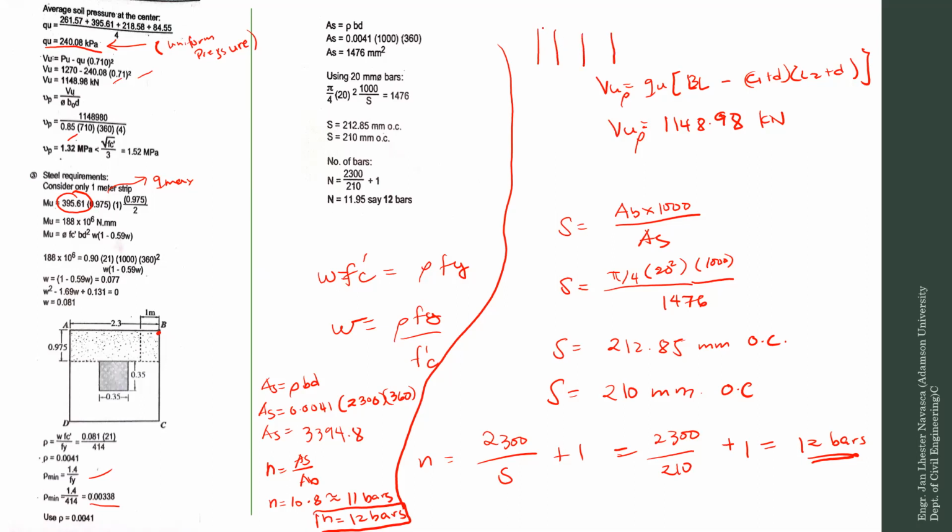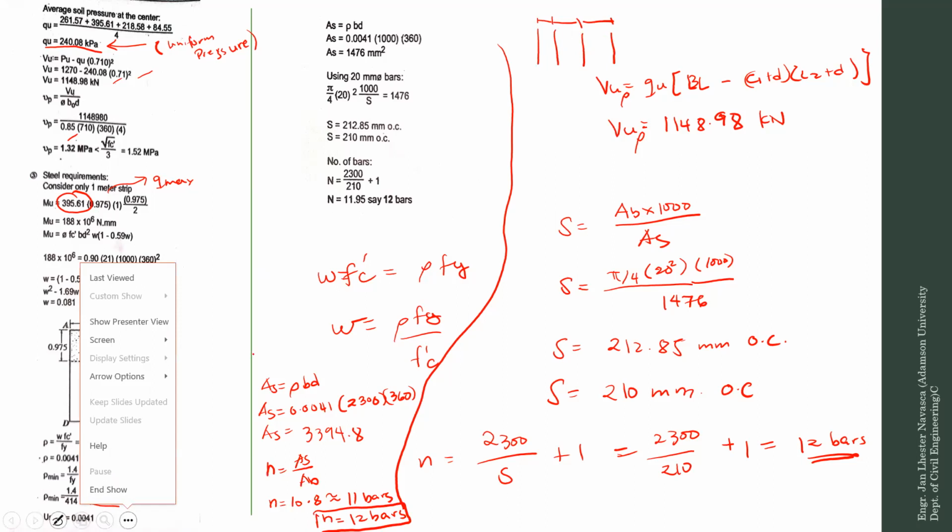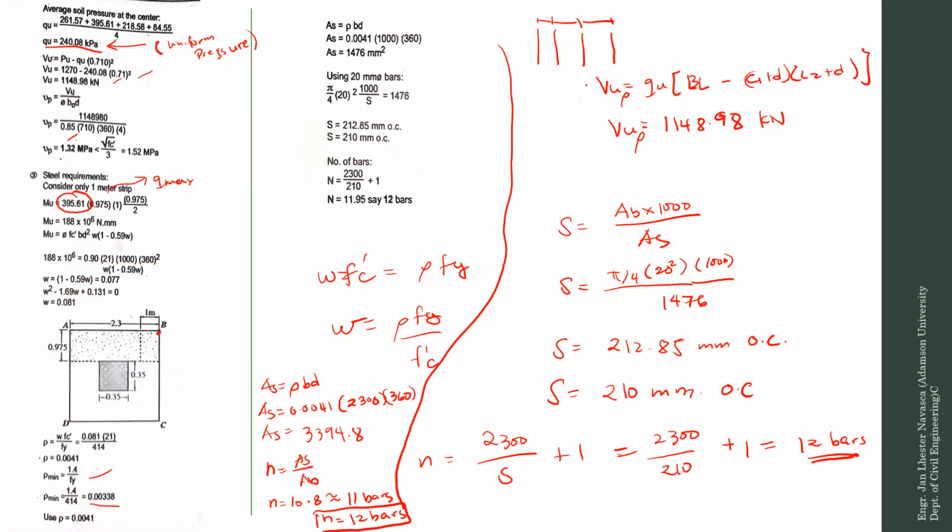Yan. So, kunwari, ito yung spacing mo, hindi siya nakakount. Yan. So, 1, 2, 3. Okay. So, hindi nakakount yung unang reinforcement. Okay. So, pwedeng ganito yung way. Pwede rin ganito yung way.